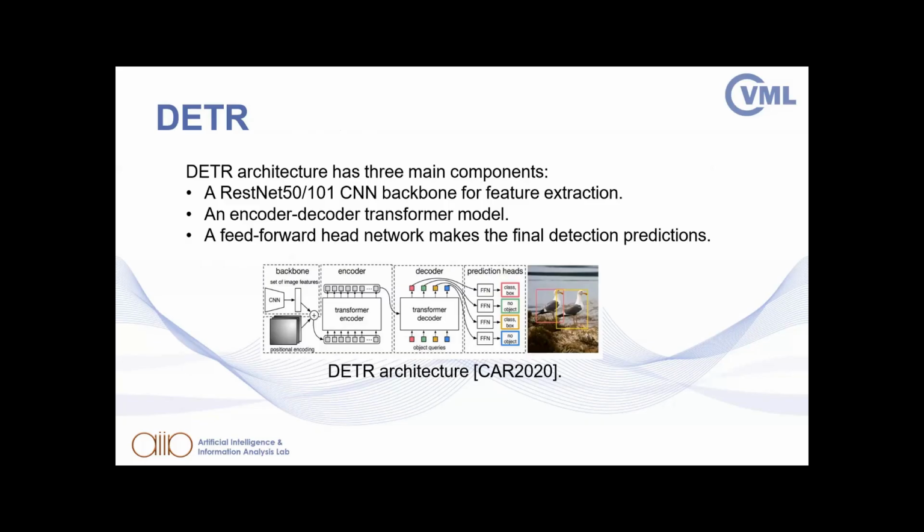The second component is the encoder-decoder. The encoder processes the feature maps, and the decoder uses object queries, which are learnable embeddings, to focus on regions likely containing objects and predict their characteristics.